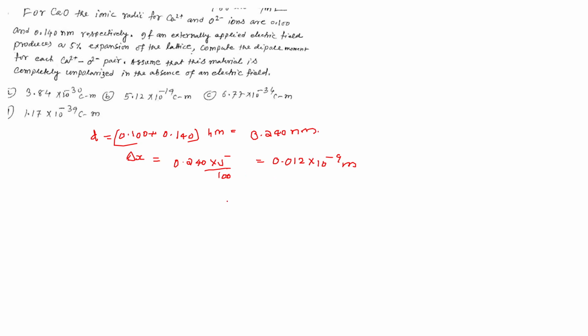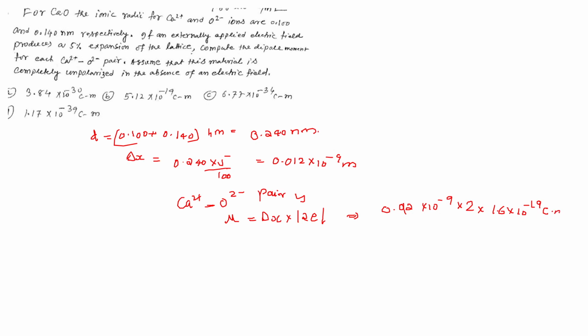Now dipole moment for each Ca2 plus O2 minus pair will be what? Pair is mu, that is equal to delta x into 2e. Right. So it will be 0.012 into 10 to the power minus 9 into 2 into electronic charge 1.6 into 10 to the power minus 19 coulomb meter. Okay, that will be the answer for this. So check which option is coming correct.